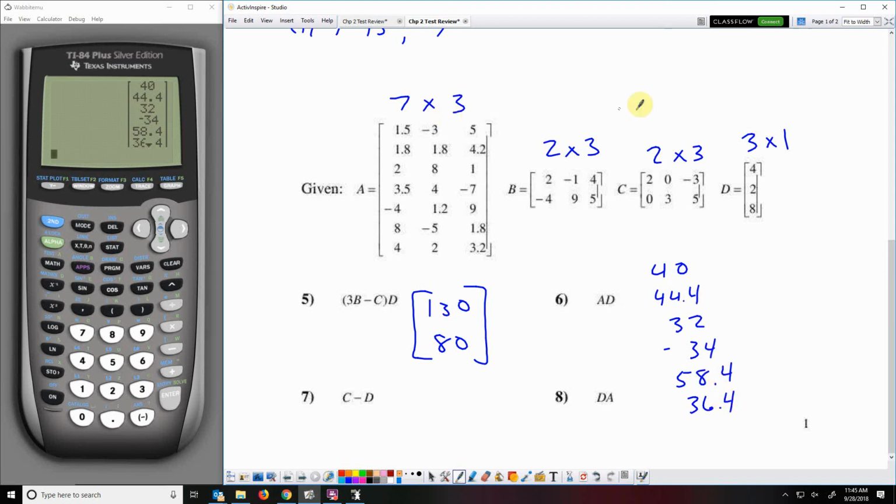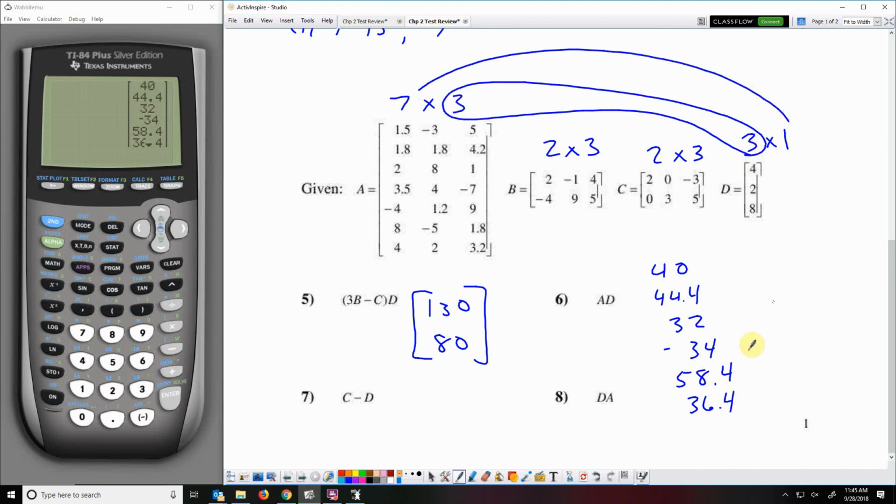But A and D, inner dimensions match, which tell me it can be done, but those outer dimensions tell me it's got to be 7 by 1. And so far, I've only got 6 by 1. But you notice right here, there's a little arrow. That tells me if I key down 1, I'm going to get that last element, 45.6.